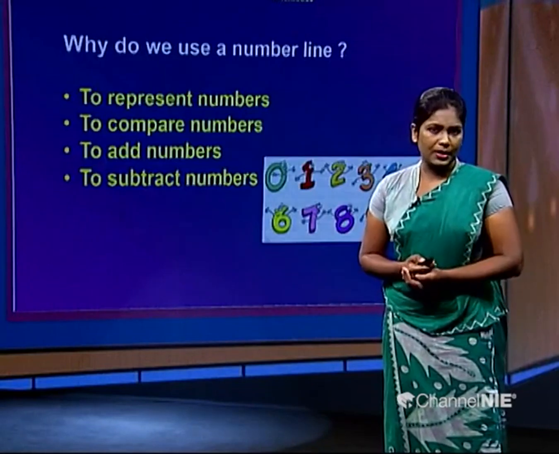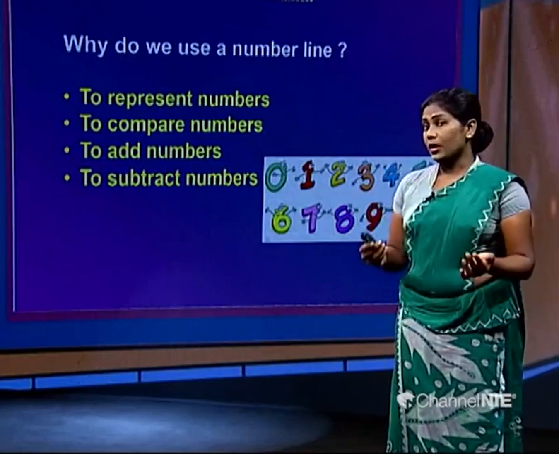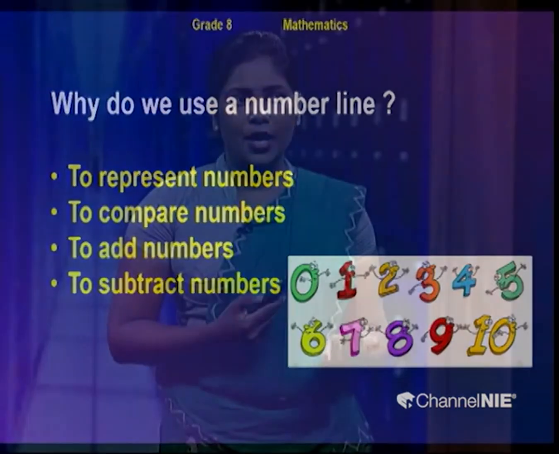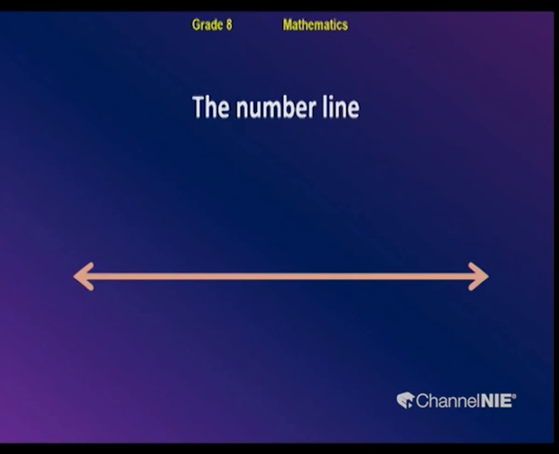Why do we use a number line? To represent numbers, to compare numbers, to add numbers, and to subtract numbers. We can use number lines for these. Look at that number line. Now let's draw a number line.